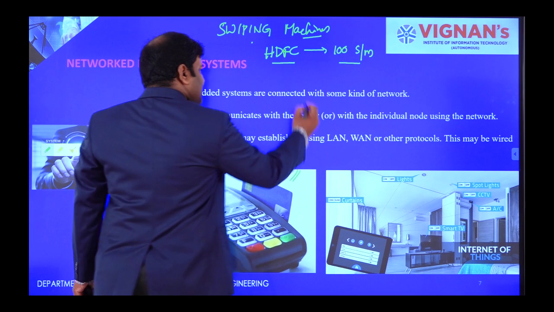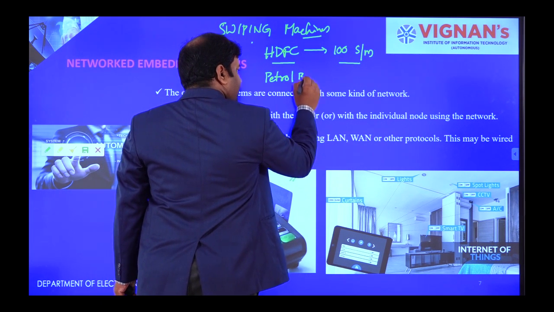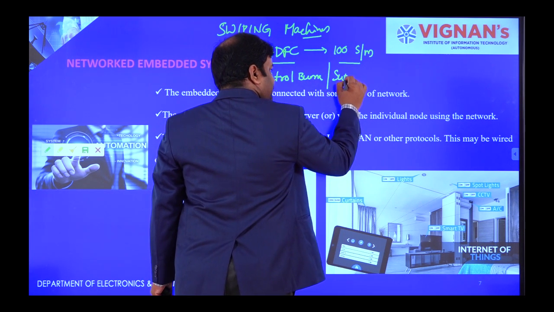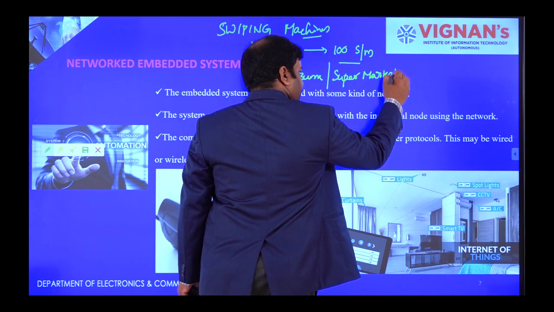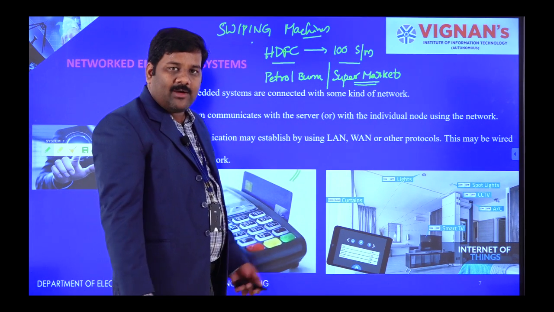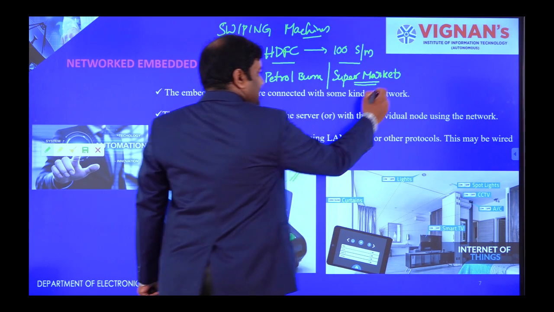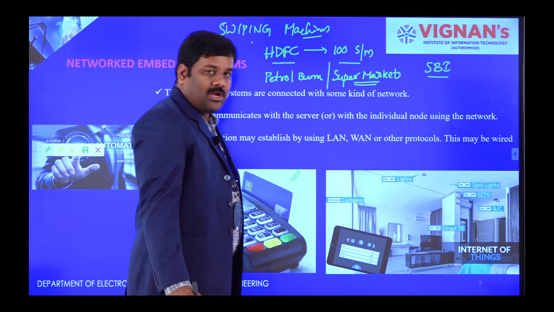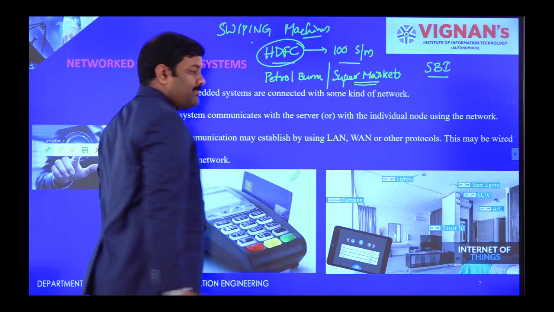For example, I went to a petrol bunk or supermarket, purchased some groceries required for my house, and then swiped my SBI ATM card in this HDFC swiping machine.